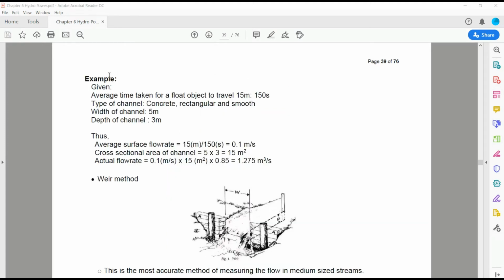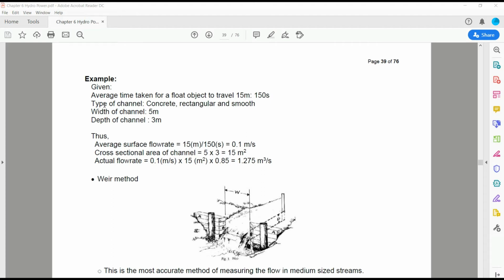So let's say an example for the float method. Given the average time taken for a float object to travel 50 meters is about 150 seconds. Let's say you take a few timings, you float the object for a distance of 50 meters 5 times, you average the time, and you get 150 seconds.